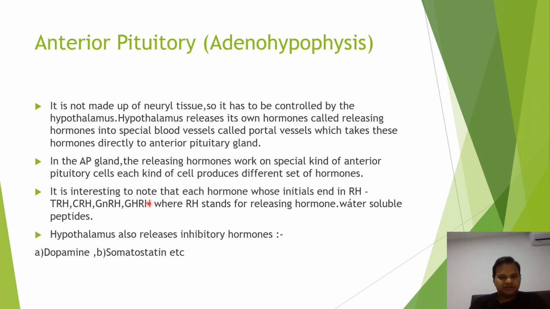It is interesting to note that each hormone whose initials end in RH, such as TRH, thyrotropin releasing hormone, CRH, GnRH, gonadotropin releasing hormone, and GHRH, growth hormone releasing hormone, where RH stands for releasing hormone, are basically water soluble peptides. The hypothalamus also releases inhibitory hormones. For example, it releases dopamine and somatostatin.